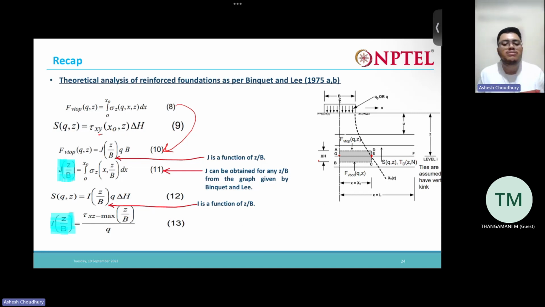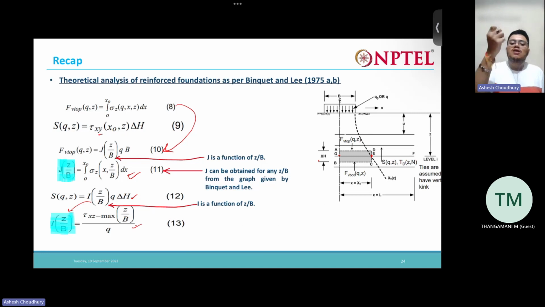This J is a function of Z by B, and J is given by this integral here. And this S is given by IQ delta H, and this I is given by this integral here. This J and I, all those things that I've highlighted in blue, were given by Binkert and Lee in graphical form.